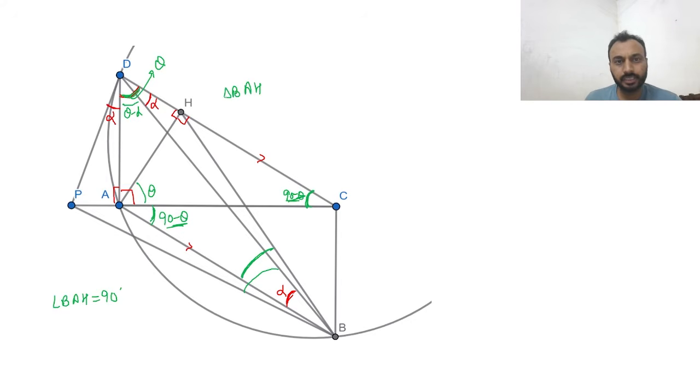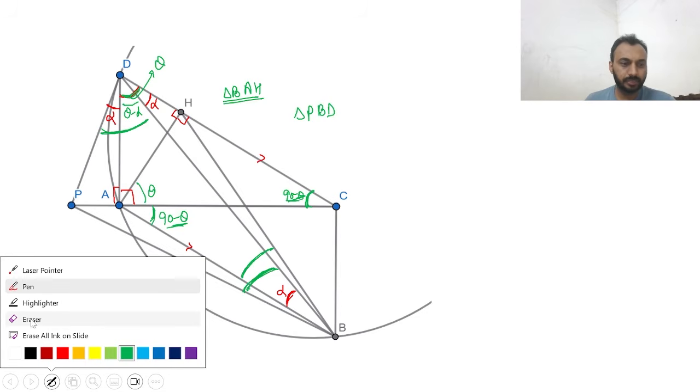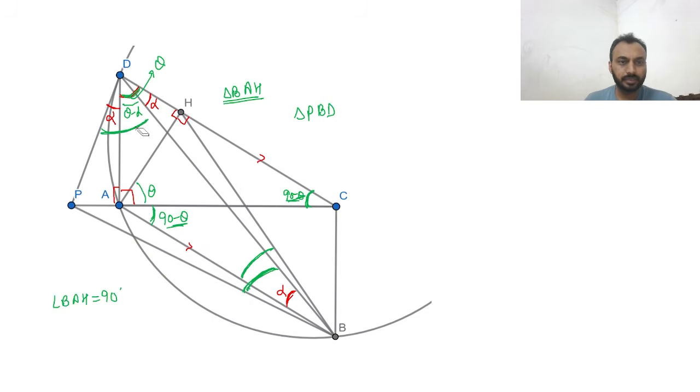One triangle is BAH, and the other triangle we want to be, as we have to consider this angle to make the triangles similar, either triangle PBD. But again, if you see, this angle is not 90, so we cannot make them similar.